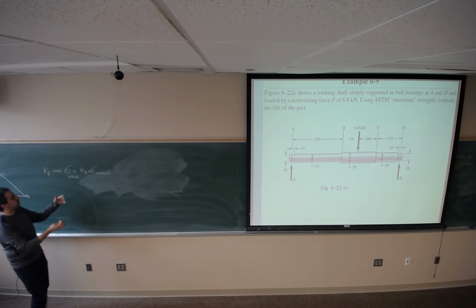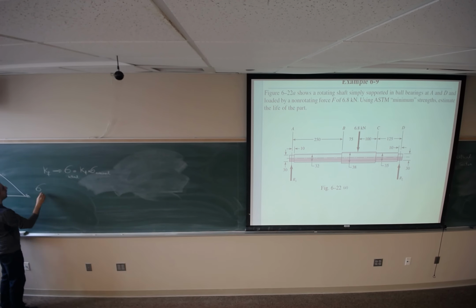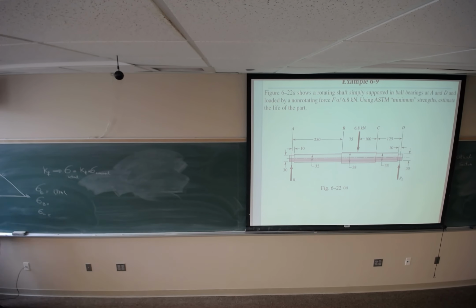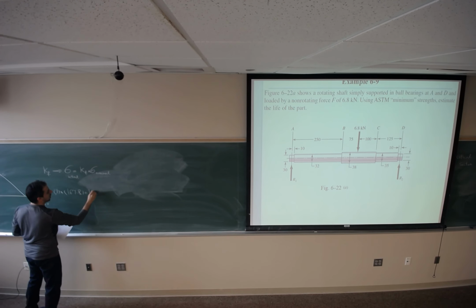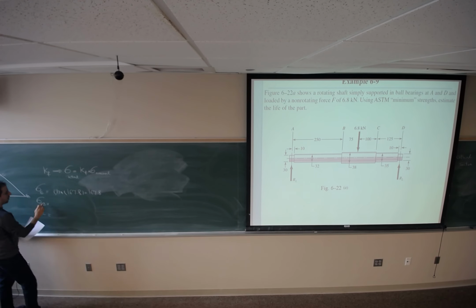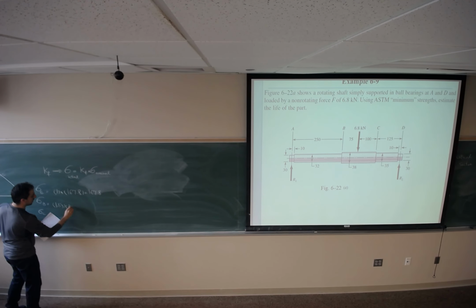So we calculate the bending moment, and then we calculate sigma at section E, sigma at section B, and sigma at section C. Kf for this was 1 because there is no discontinuity, multiplied by 167.8 megapascal. Sigma B, we could get Kf equals 1.53 times 216.